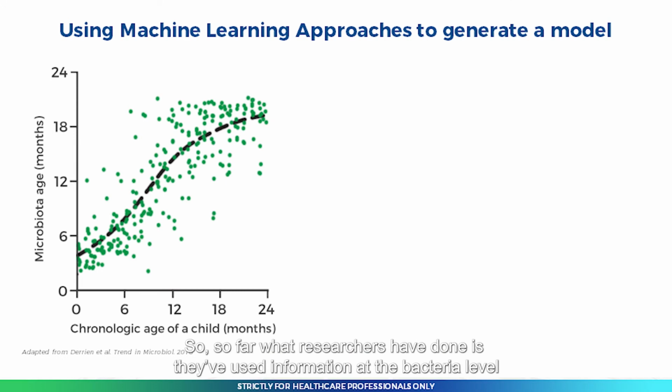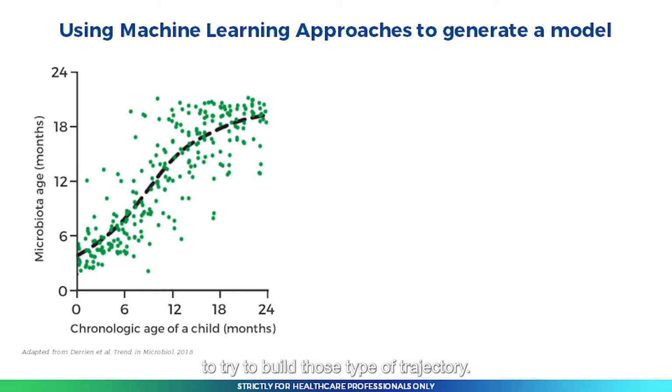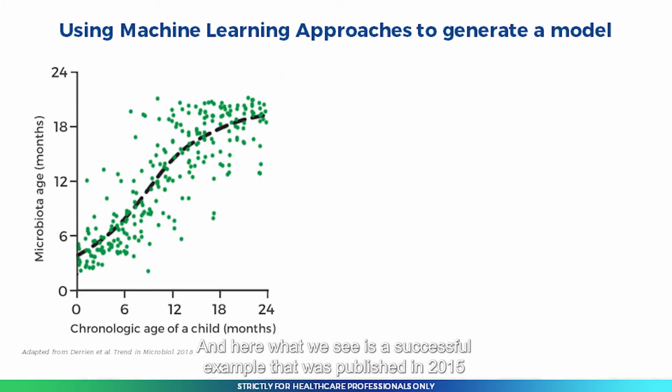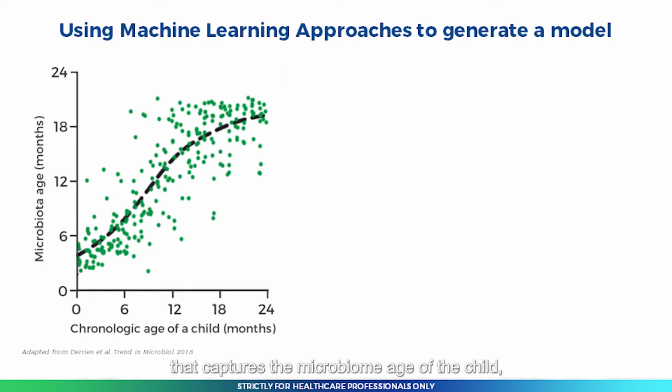So far, what researchers have done is use information at the bacteria level to try to build this type of trajectory. Here you see a successful example that was published in 2015, where they used a machine learning approach to generate a trajectory that captures the microbiome age of the child, so how mature the microbiome should be at a certain age.